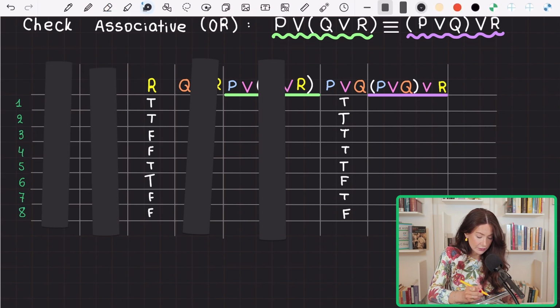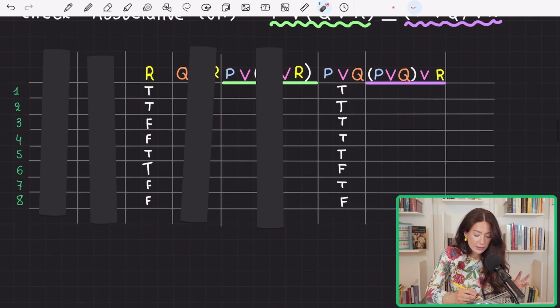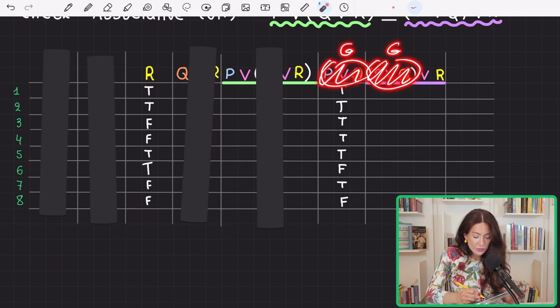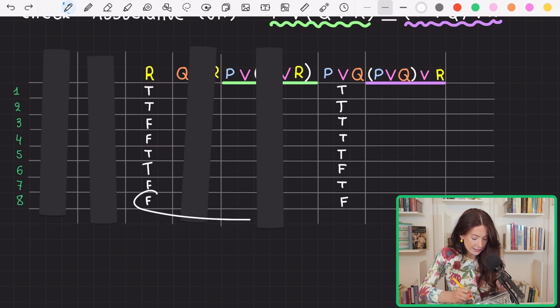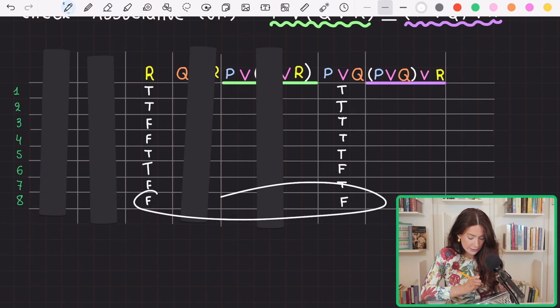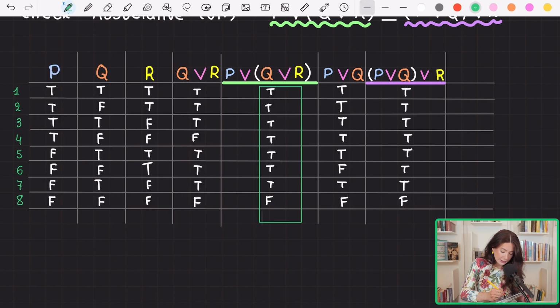Definitely don't need to look at those because I'm treating this as one unit now. This can be G. So now, the only thing I'm observing is when both R and this thing are false, and it looks like it's the last row here. Exactly what we wanted to prove.